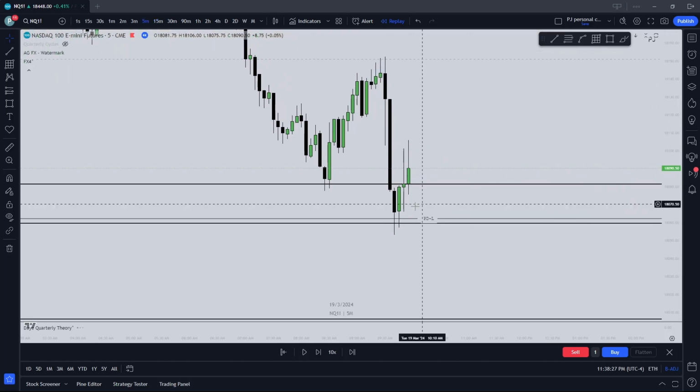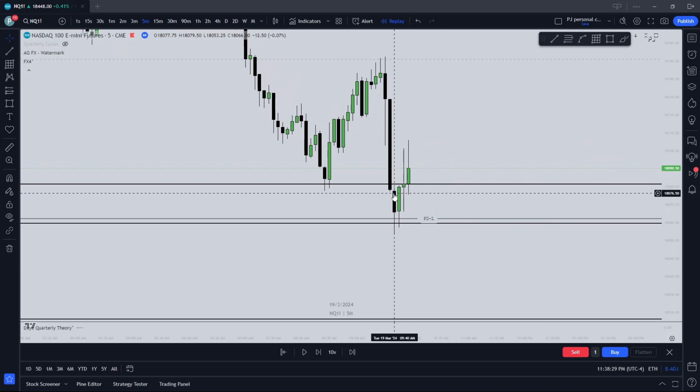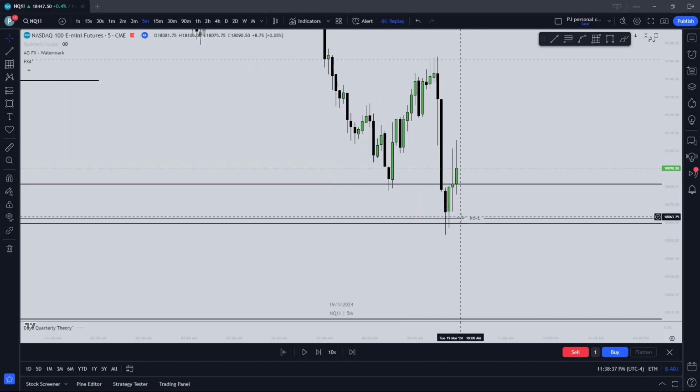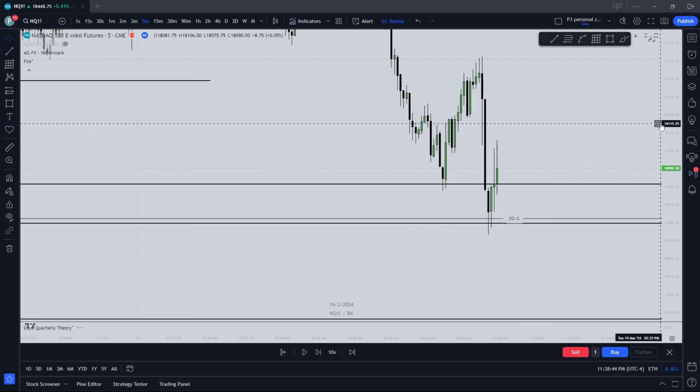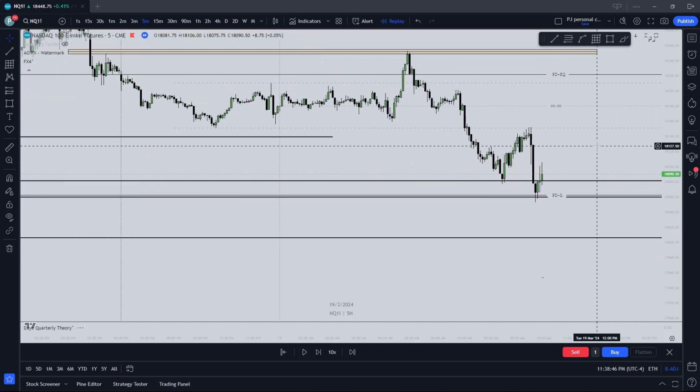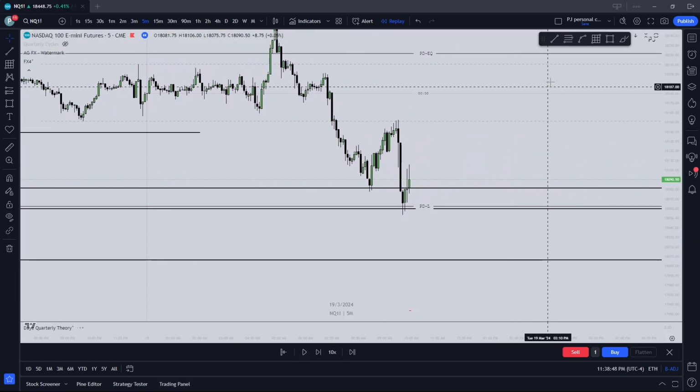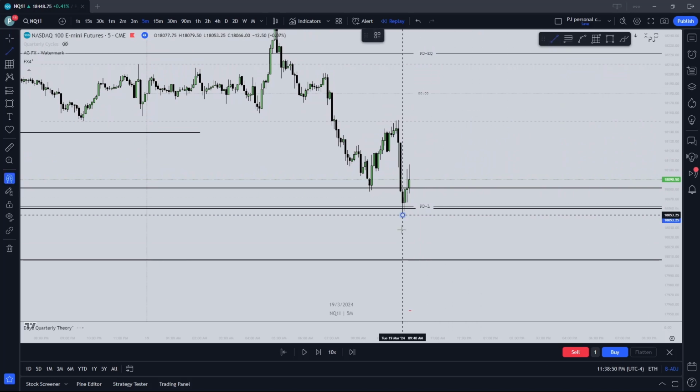We see our 5-minute candle. It's a nice 1-to-1 sized body to wick after sweeping a previous day low as well and having an SMT. This low should now be protected.